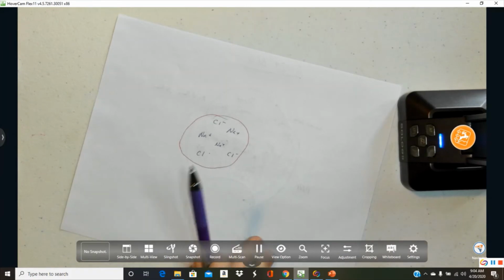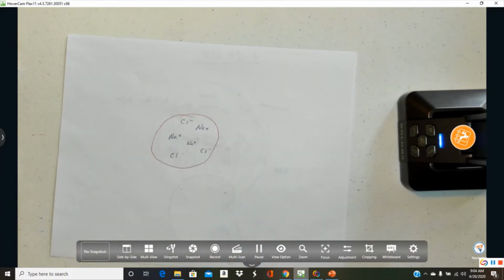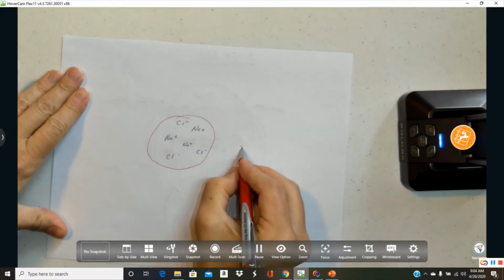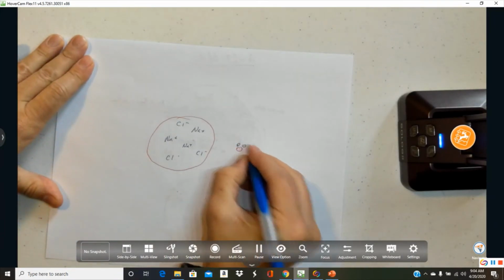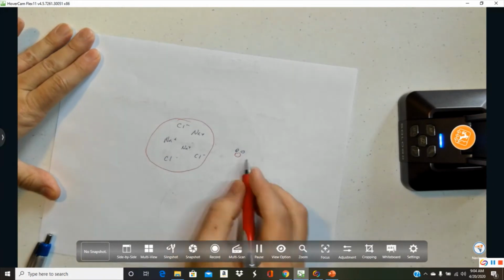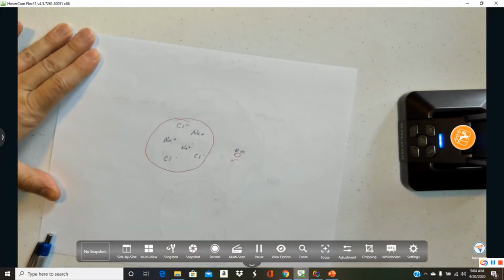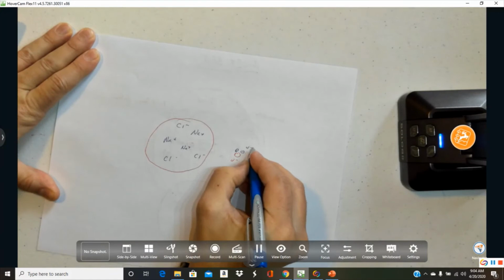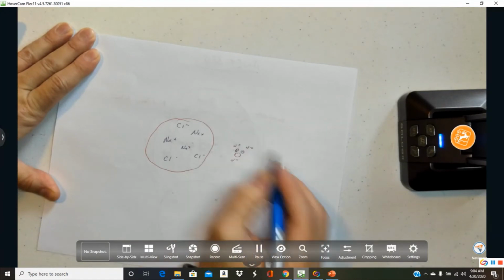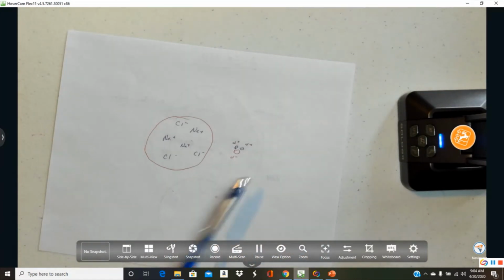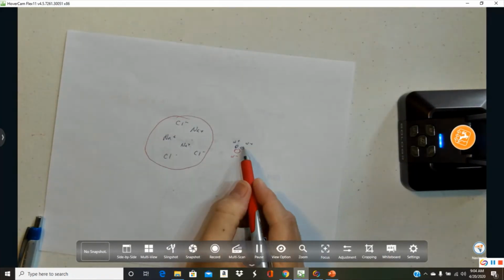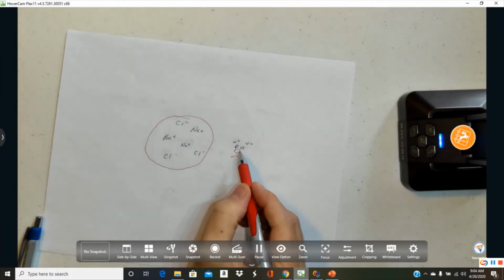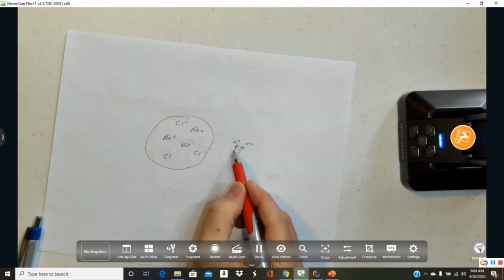Then what happens is these are ions. Now remember, water is polar. And if water is polar, it has a partial negative charge on one end and a partial positive charge on the other end, because in water molecules, the oxygen atom is more electronegative and pulls the electrons towards itself, leaving electron pairs sticking out here.